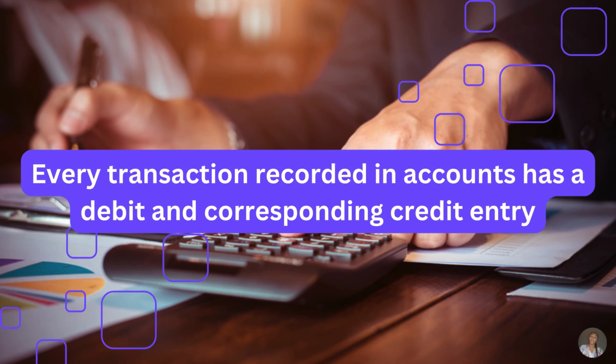And then in the other account that was used, we will have a corresponding credit entry to complement that. Then that means that, based on how the accounts work and looking at all rules of double entry that usually govern each of the accounts, we would never end up in a situation where we have two debits or two credits. We will always have a debit and a credit entry.